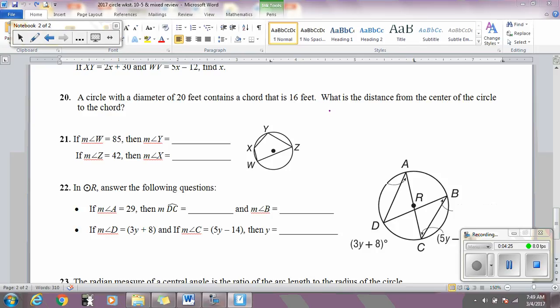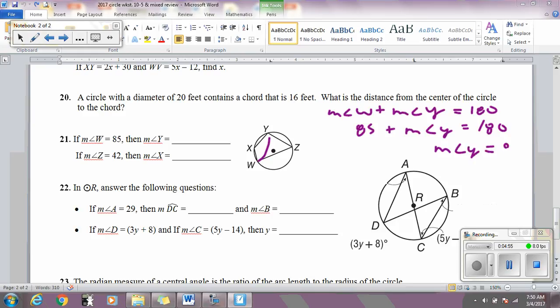So in other words, the measure of angle W together with the measure of angle Y, because they are across from each other, that's what opposite means, is 180. So if the measure of W is 85, I would need to subtract that from 180 in order to find the measure of angle Y. So when I subtract 85 from 180, the measure of angle Y would be 95 degrees.